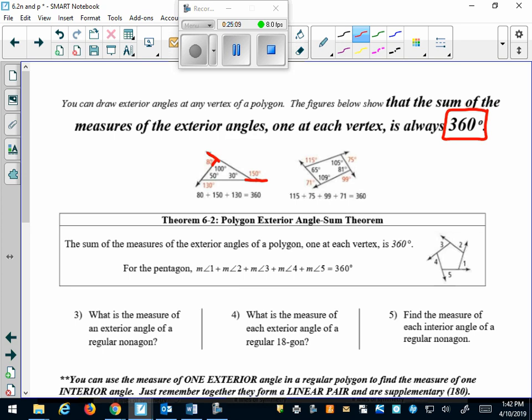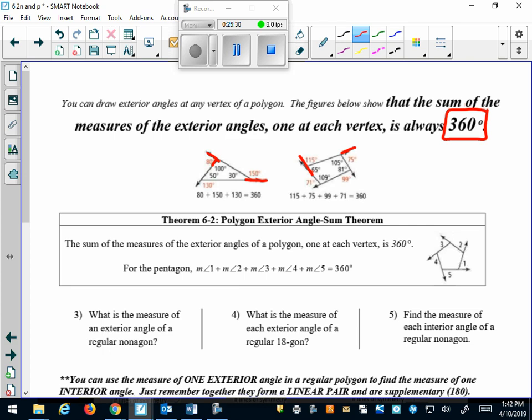Here we have a quadrilateral. Same thing. Extend all of these to make a linear pair. Nothing special about this quadrilateral. Add up the exterior angles, it's 360. This will work no matter how many sides. 50 sides.